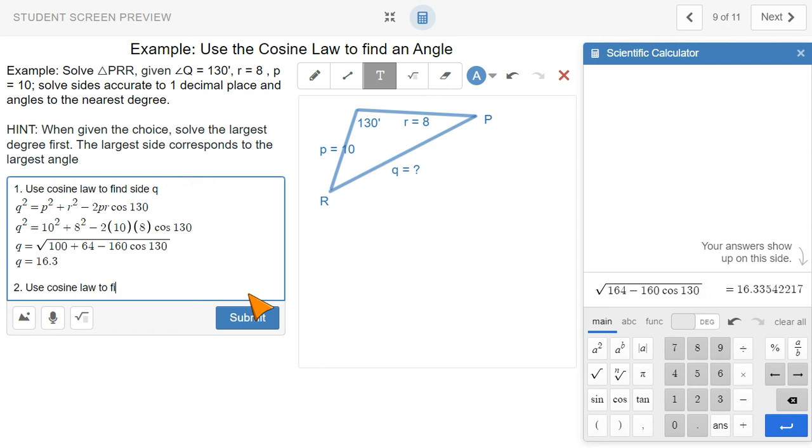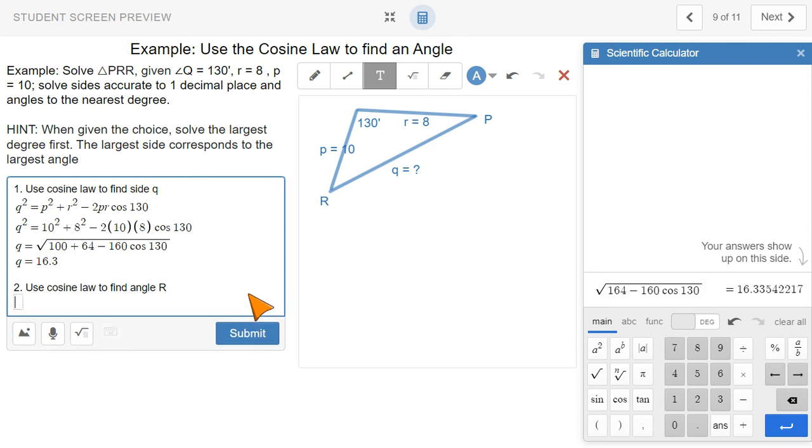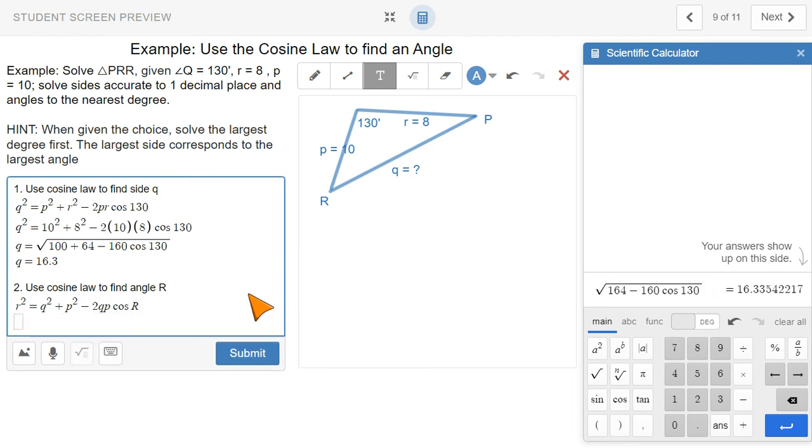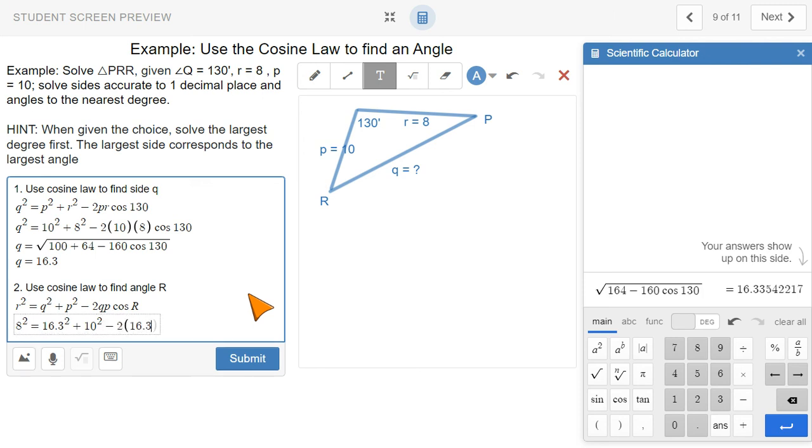Use cosine law to find angle R. So R squared is equal to Q squared plus P squared minus 2QP cosine R. Let's substitute our values in. 8 squared is equal to 16.3 squared plus 10 squared minus 2 times 16.3 times 10 times cosine R.